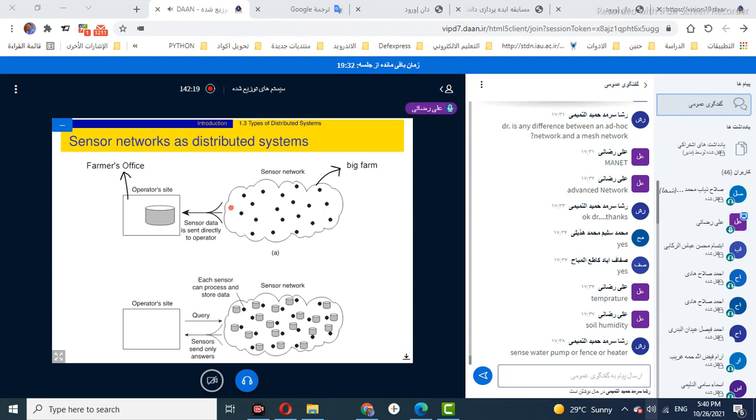So these are two simple applications of sensor networks, which we can use in our automation and our smart city environments to help the better production of goods.